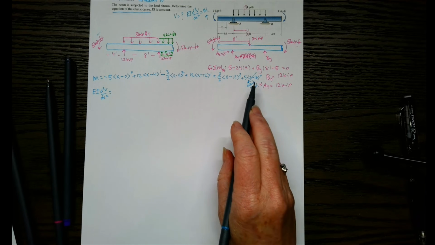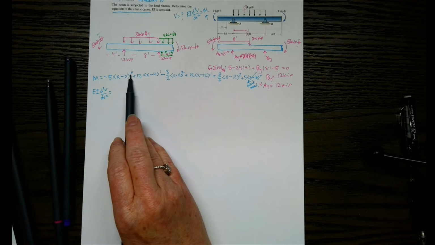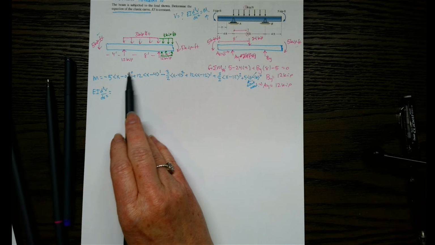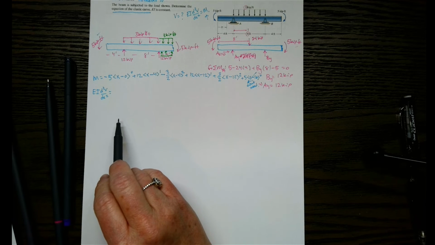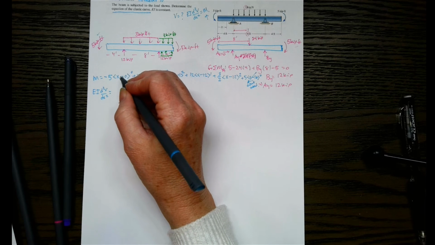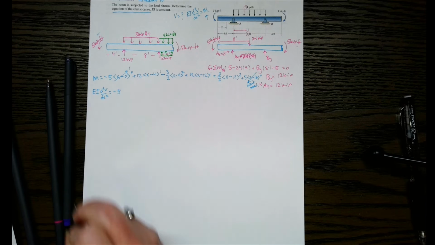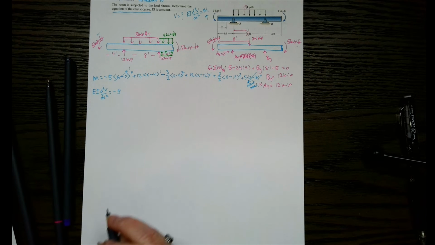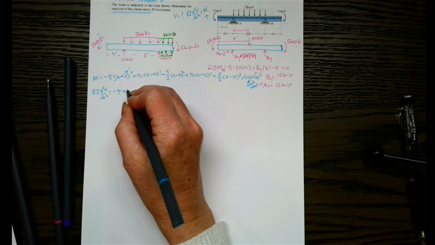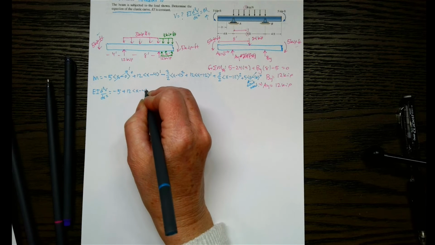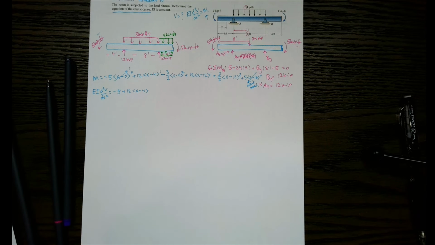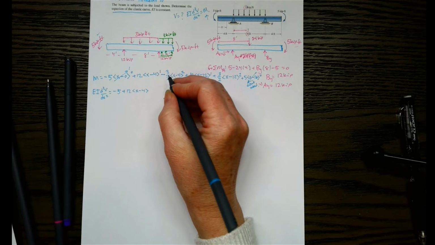So let's see if we can simplify anything. If you notice right here, I've got an exponent of 0. So anything to the power of 0 is what? 1, right? So that means we're just going to have a negative 5 here. Okay? And then I can't simplify this next one, so that's just plus 12 times x minus 4.